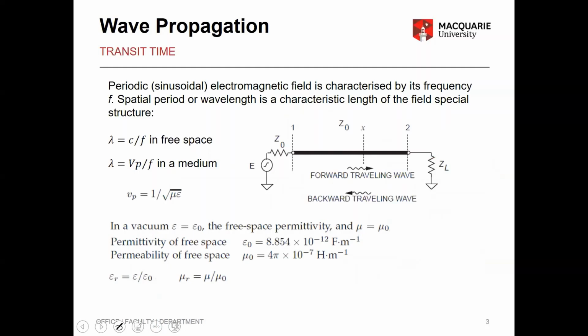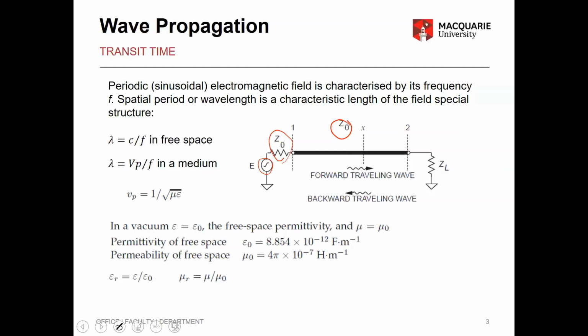So the wave propagation. As I said before, you can have a source, a voltage source, and you can have impedance associated with that source. And when you have a transmission line, it has an impedance. Impedance is something you might be somewhat familiar with; it's the resistance that it provides.